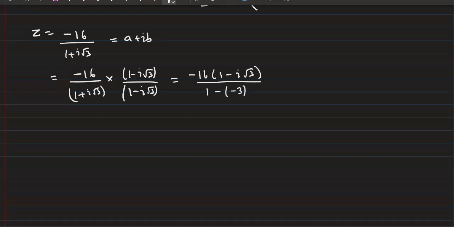Because root 3 i square is minus 3. Yes? So this will be minus 4 bracket 1 minus i root 3. Okay? Yes or no? So this will be minus 4 plus 4 root 3i. Yes or no? Tell me, everyone. You got this? Everyone got this? Yes, very good. If there's anyone who is having difficulty, please let me know.